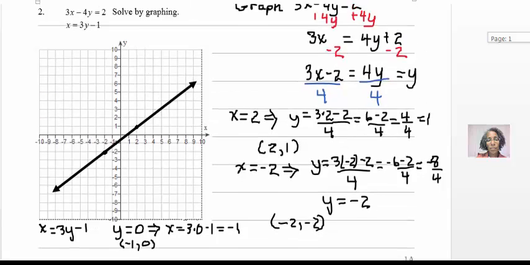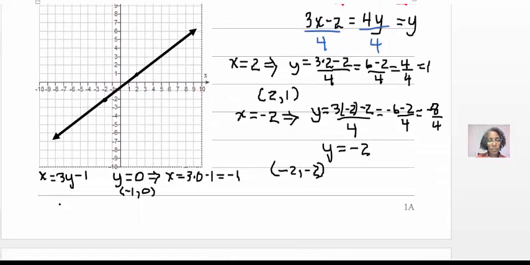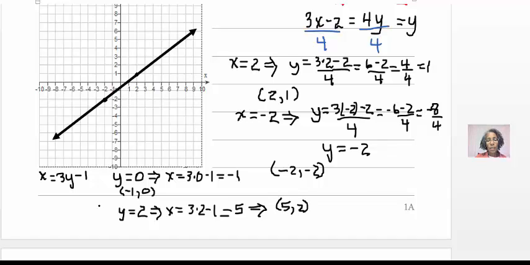So I'll plot the point (negative 1, 0). Let's pick y equal to 2, and x is 3 times 2 minus 1, which is 5. So we'll be plotting the point (5, 2). So we'll plot those 2 points and draw a line through them.